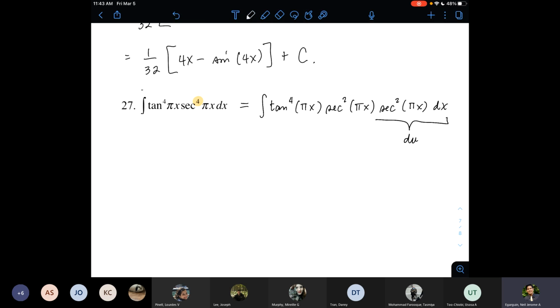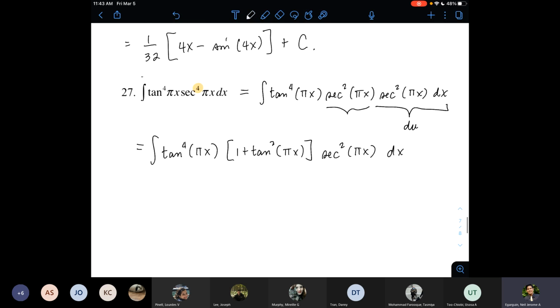I can do that because the remaining even power for secant can be expressed in terms of the tangent identity, right? Using the Pythagorean identity. So here I'll have tangent to the fourth pi x, and then secant squared is 1 plus tangent squared of pi x times secant squared pi x dx, right?